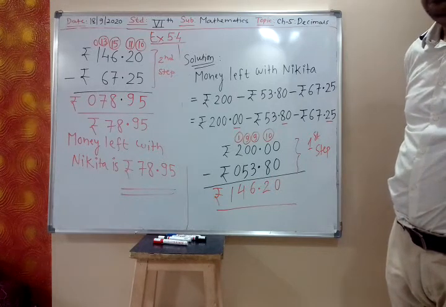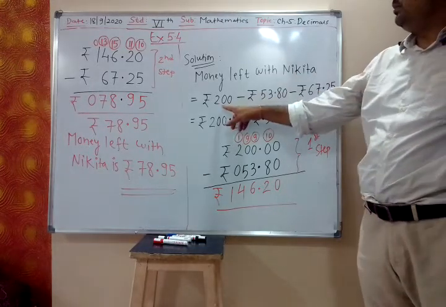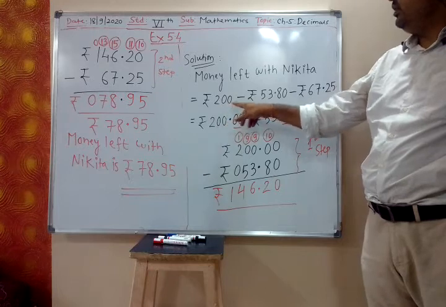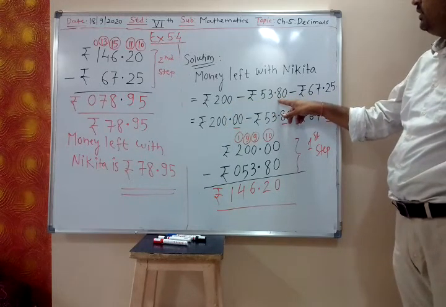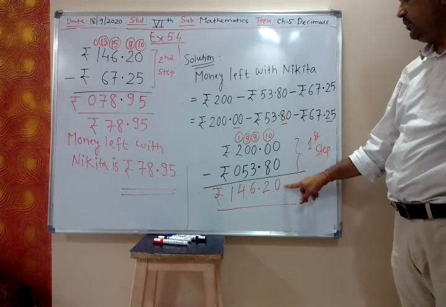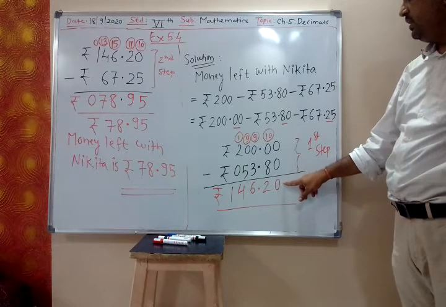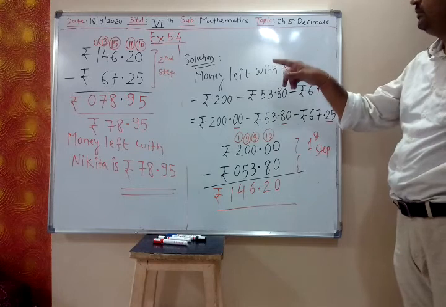So total money Nikita was having is 200 rupees. From that 200 rupees she spent 53.80 rupees for the maths book. Then the remaining amount is 146.20. Again from the remaining amount she spent 67.25 for the science book.